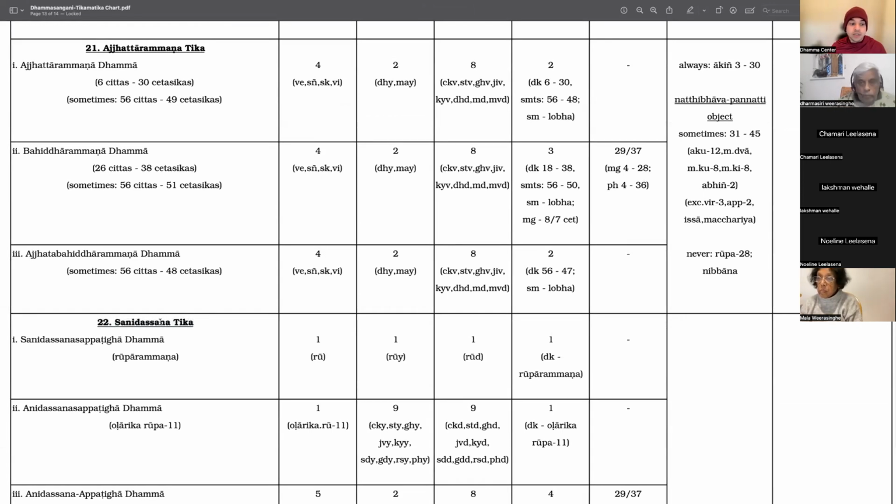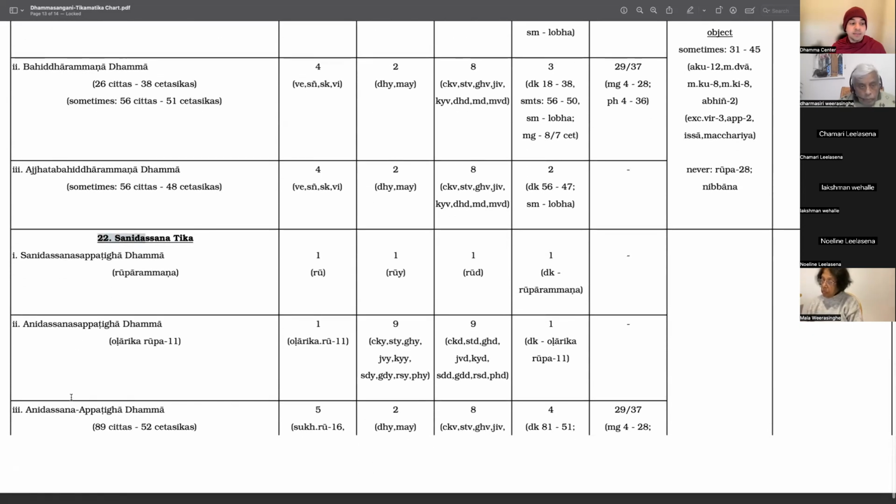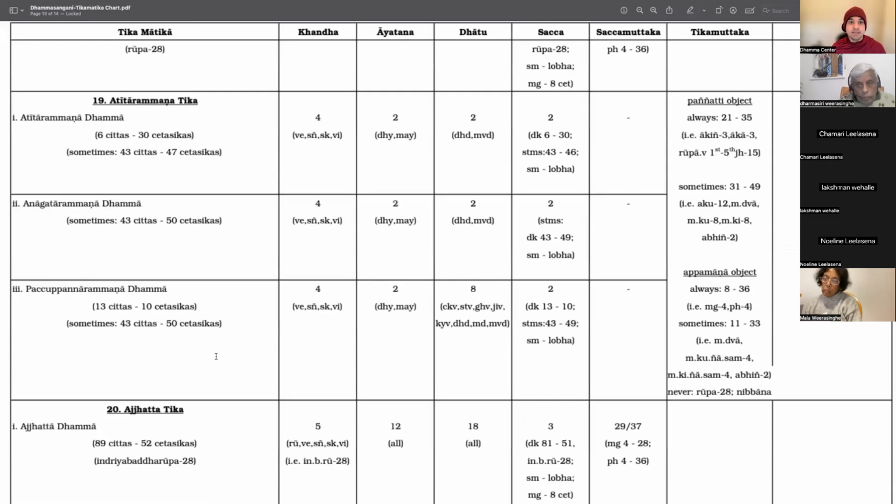So 22 tikas, that is 22 into 3, because each has 3 different parts: Sanidassana, Anidassana, and so on. So there you have 66 different parts that we go through. Do you understand, everyone?